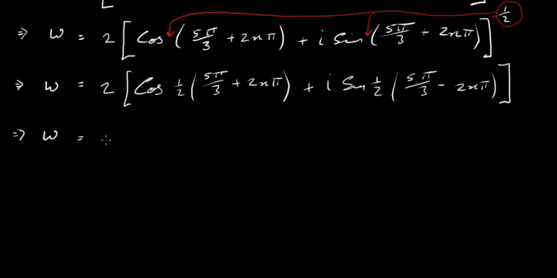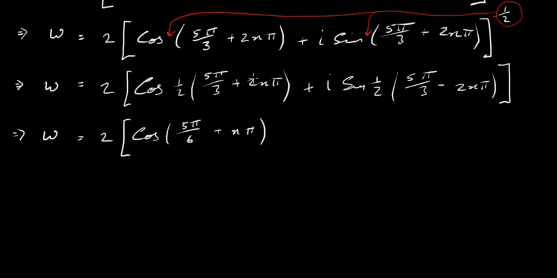Now let's just multiply out the half. So we've got 2 times cos. Here we end up with 5 pi over 6. Multiply the 2 by the 3, 1 by the 5 pi, we get 5 pi over 6. The half times 2n pi is just going to give us n pi, because the 2 will cancel.